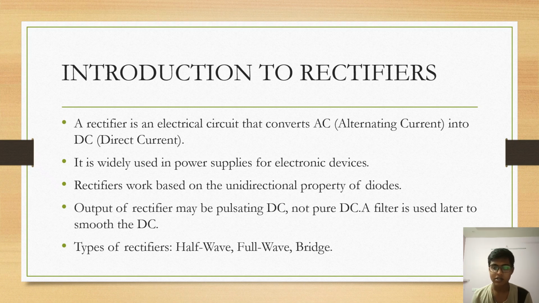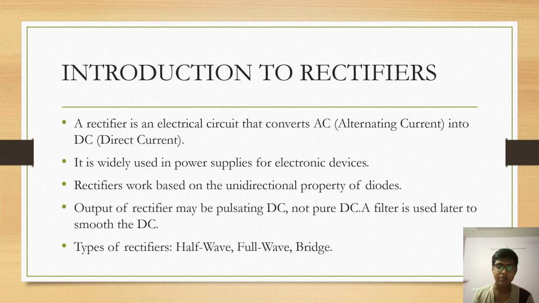A filter is used later to smooth the DC. When a filter is added to a rectifier, pure DC comes out, which is a constant value with respect to time. It is called DC.